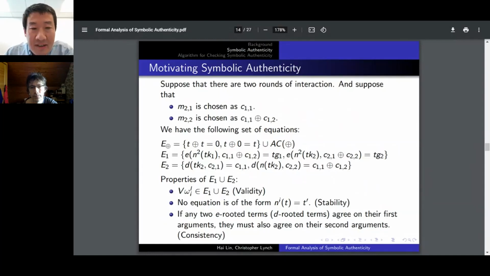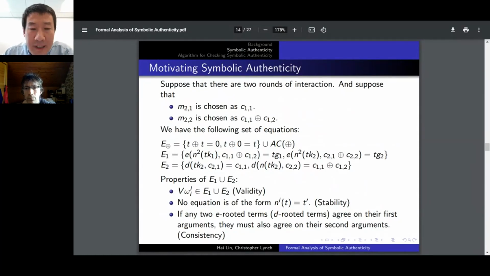The details don't matter, but the point is we have 3 sets of equations where E XOR denotes the theory of XOR, and E1 captures the fact that all the ciphertext messages that the adversary received are all valid. And E2 captures the fact that the adversary can choose the plaintext messages adaptively.